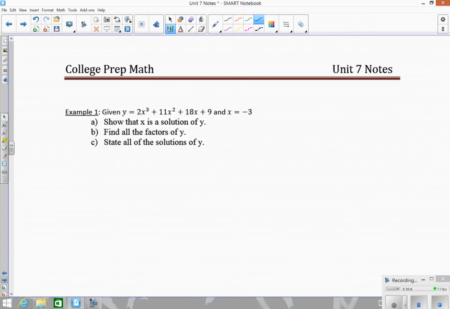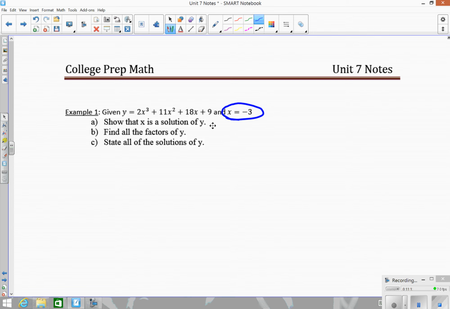If you go to the next page, we have our first example, which has some different parts. Our first part is to show that x equals -3 is a solution of y. If x equals -3 is a solution, that means x plus 3 has to be a factor of my equation.